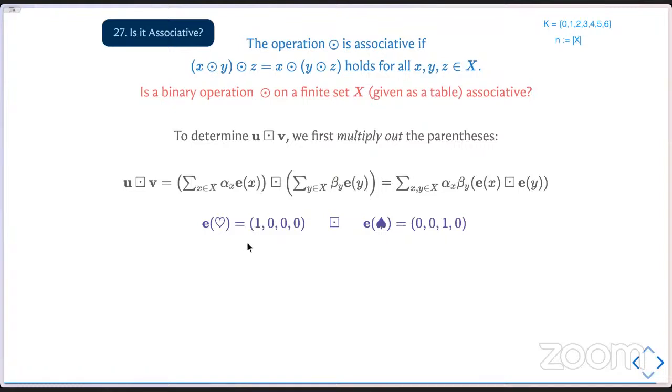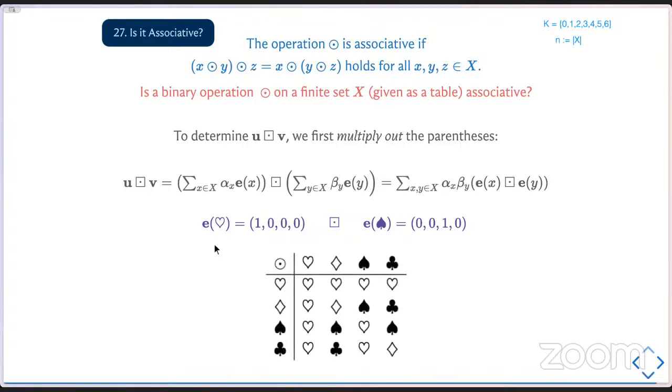So I want to define the box product of these two vectors, but these two vectors are not arbitrary vectors in k to the x. They're these basis vectors, which means that these vectors very naturally associate with some element of the base set x, right? On the base set, I have this binary operation, so I can combine the things sitting inside the E using this table.